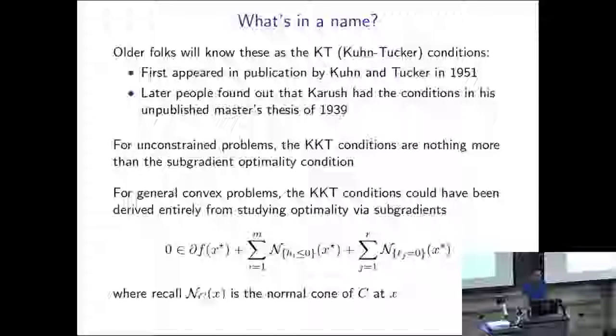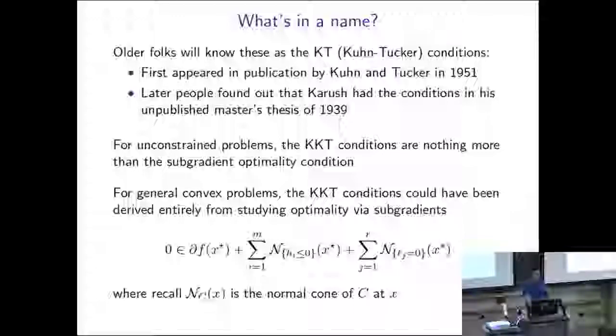And if you look at, for example, the Rockafellar book or other older treatments on optimization, these would be called the Kuhn-Tucker conditions after some work by Kuhn and Tucker in 1951. But much, much later, I think this is now the 90s, people found out that there was a master's student named Karush who had the same conditions in an unpublished master's thesis in 1939.